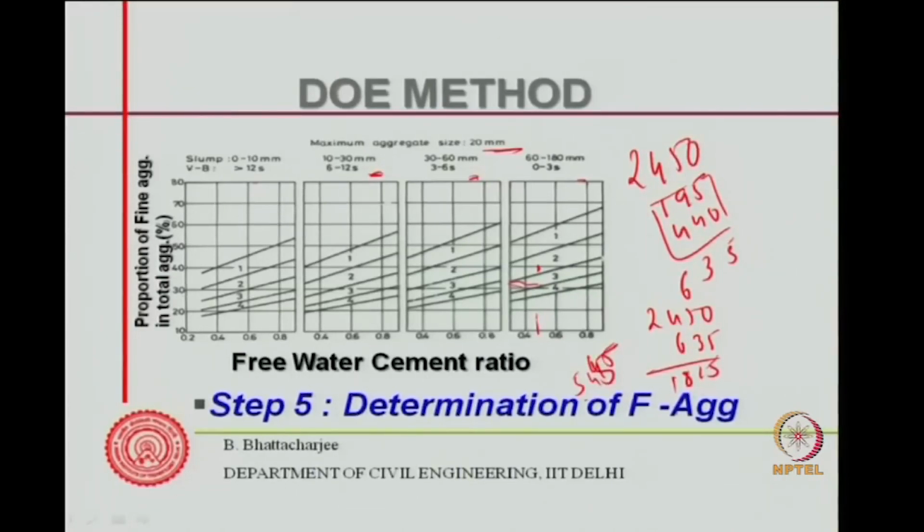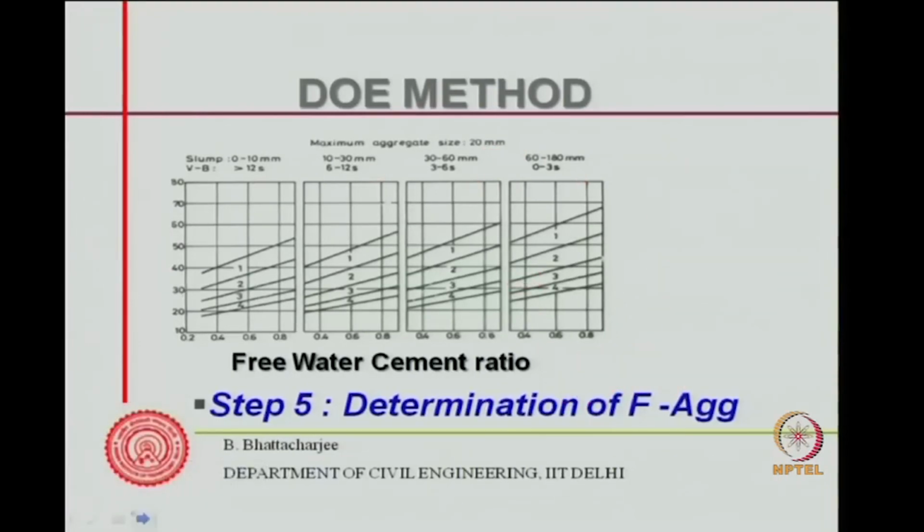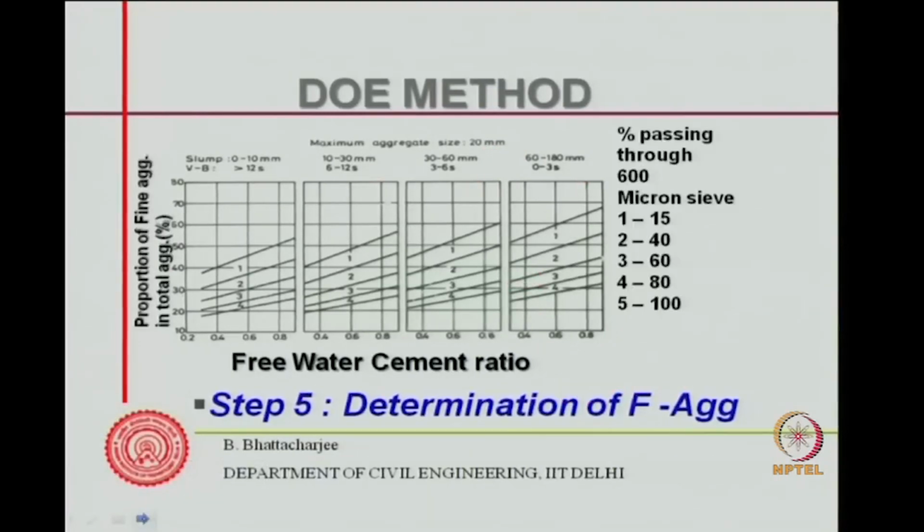You can find out 30% of this, so somewhere around 545 kg would be the fine aggregate, depending upon which zone it belongs to, and this is given here.